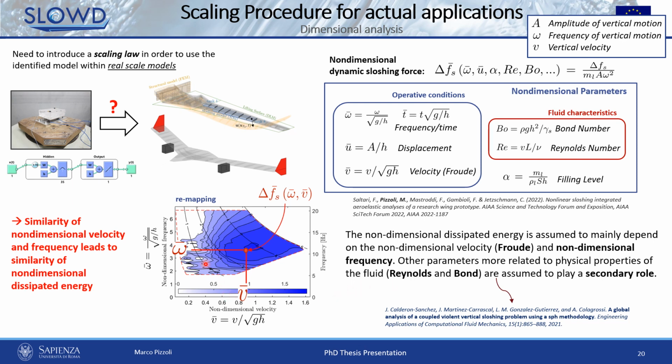So by the satisfaction of the similarity condition on the two operational parameters, so the frequency and velocity, and the non-dimensional dissipated energy, by respecting the similarity conditions on these three parameters, we can use the scaling law to integrate the neural network also in that kind of problems, which includes tanks with different dimensions than those of the tanks used for the training phase.